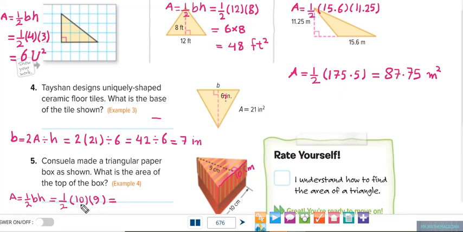So it's like 10 by 9, 90, half of it is 45. 45 centimeters squared. Or you can say half of 10 is 5, 5 by 9 also 45.